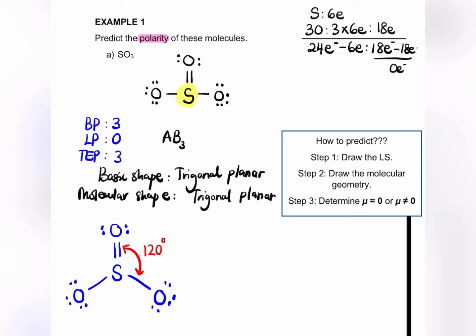And the next one, we will determine the polarity. So step number 3, we want to determine the polarity, whether mu equals 0 or not. The first thing, you have to determine which atom is the most electronegative. So the most electronegative is the terminal atoms. So between sulfur and oxygen, oxygen is more electronegative than sulfur.